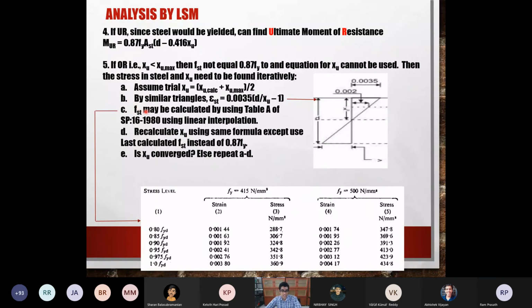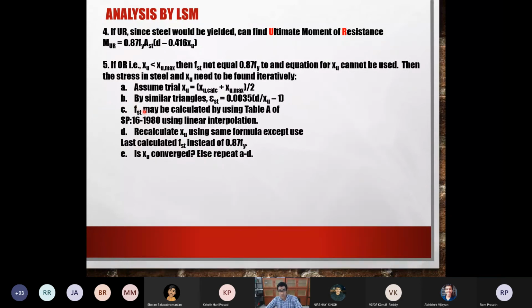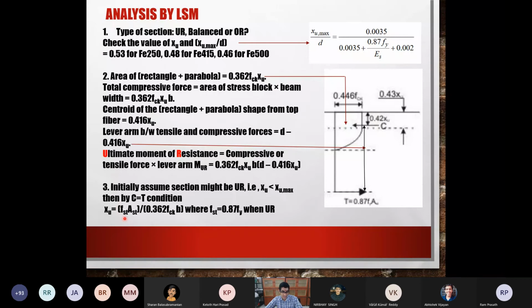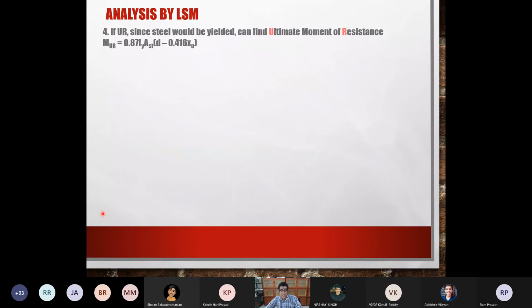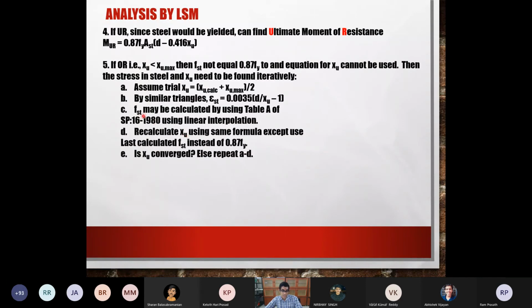Once you find FST, you go back to this equation, use that value of FST here, and find XU. Then you recalculate XU using the same formula, except you use the FST which you calculated over here.